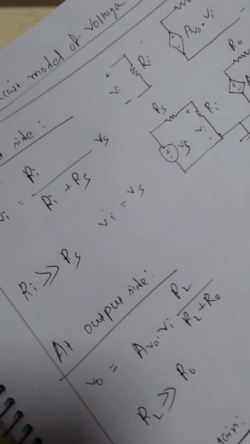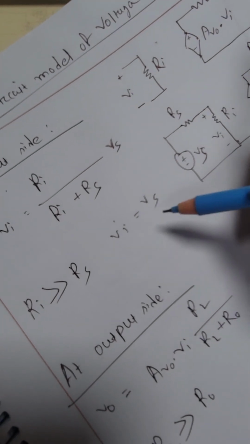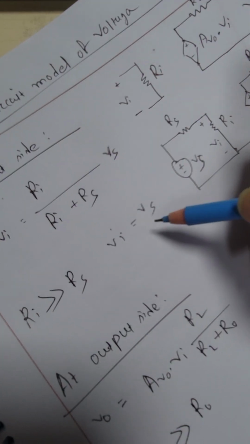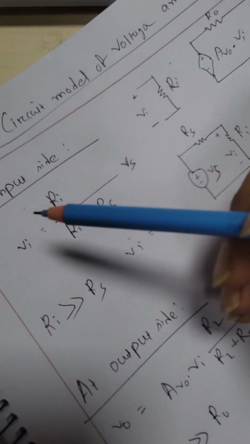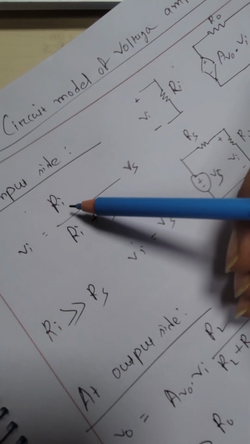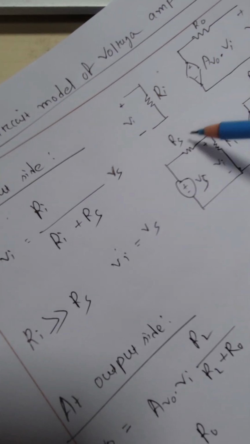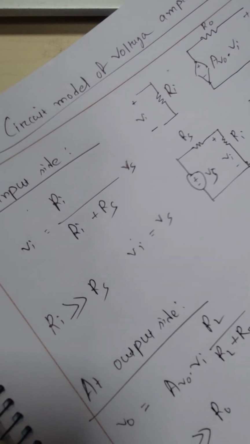Yes, so we will get Vi as close to Vs as possible. So while manufacturing the voltage amplifier, Ri has to be kept very high compared to the source resistance. All right, we are done here.